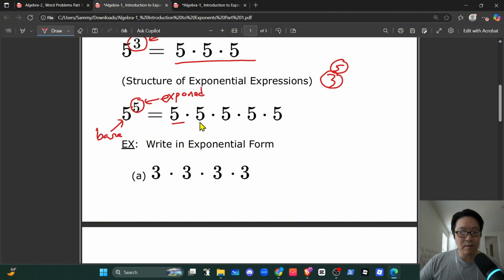If I have 5 raised to the power of 5, that is 5 times 5 times 5 times 5 times 5. These are called factors. In other words, they multiply together to give you 5 raised to the power of 5.